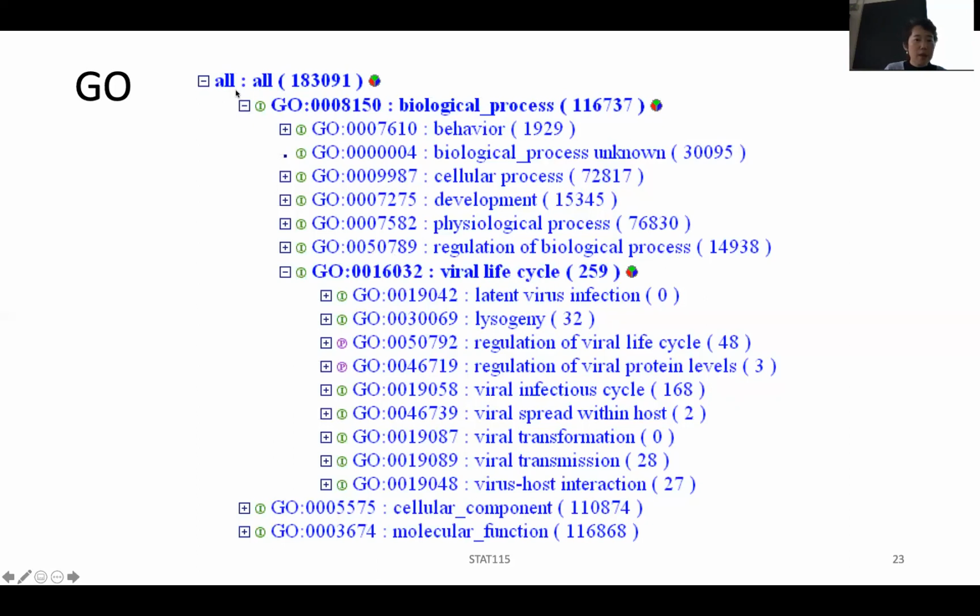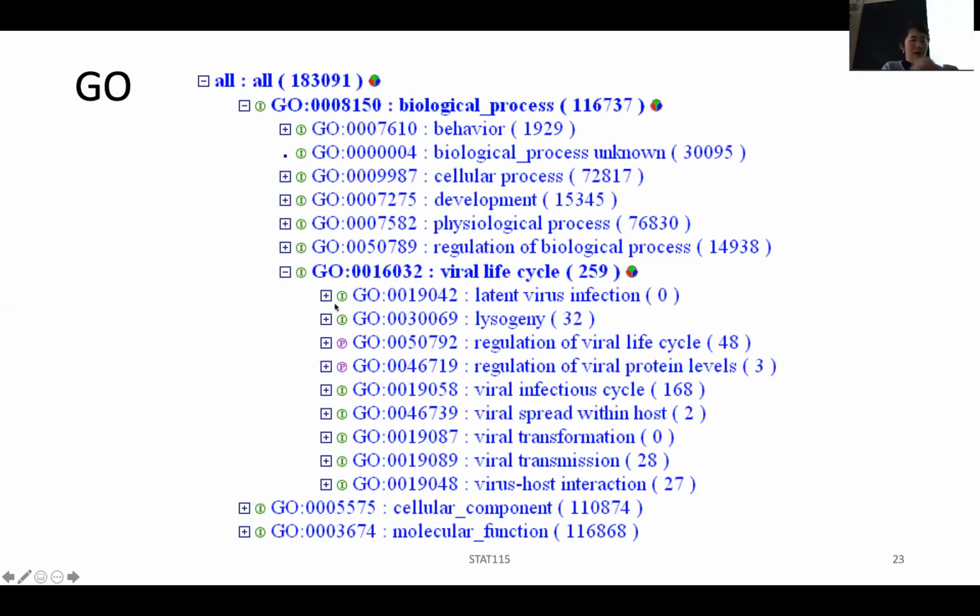If we open the biological process, you can see there are more items in here: behavior, unknown process, cellular process, development, physiological process, regulation of biological process, and viral life cycle. If we were to click the viral life cycle, it will go to even more terms, right?